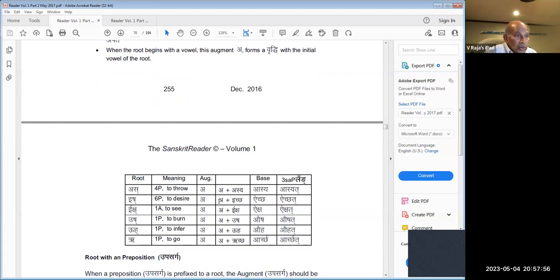But there is a special rule here. When this special a is added to a root which starts with a vowel, you take the vruddhi of the first vowel. So instead of taking guna here, you take i becomes ai: aichat, desires.